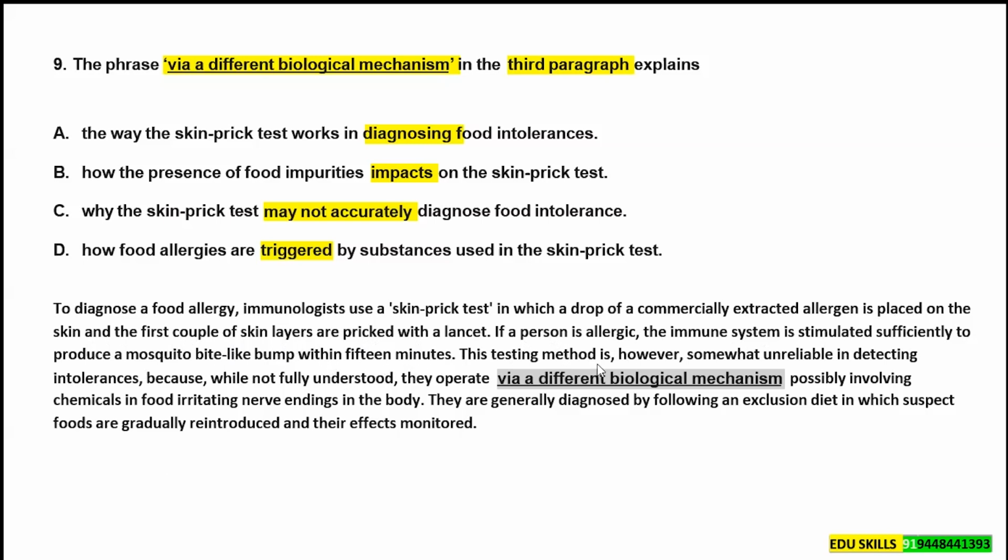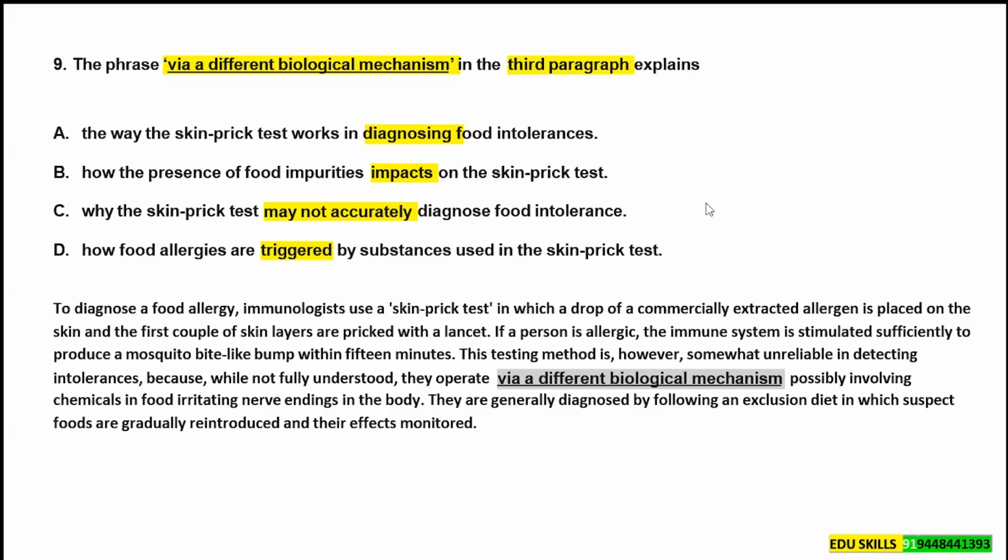This testing method is, however, somewhat unreliable in detecting intolerances because while not fully understood, they operate via a different biological mechanism, possibly involving chemicals in food irritating nerve endings in the body. They are generally diagnosed by following an exclusion diet in which suspect foods are gradually reintroduced and their effects monitored.